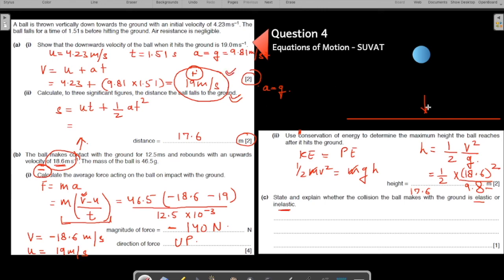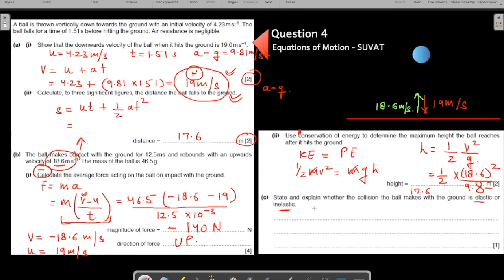We calculated it in the first part, 19 meters per second, and then it is rebounding at a velocity of 18.6 meters per second. Is there some velocity lost? There is some velocity lost, right? That means there is kinetic energy lost.